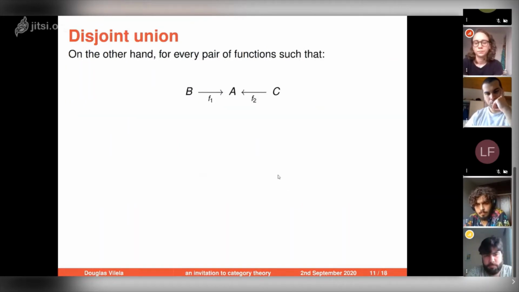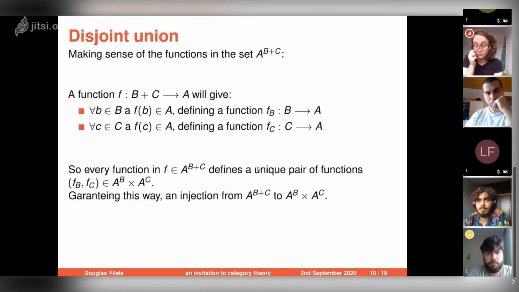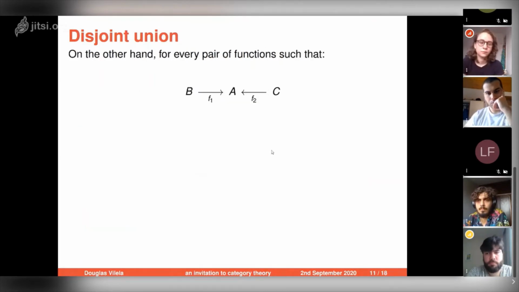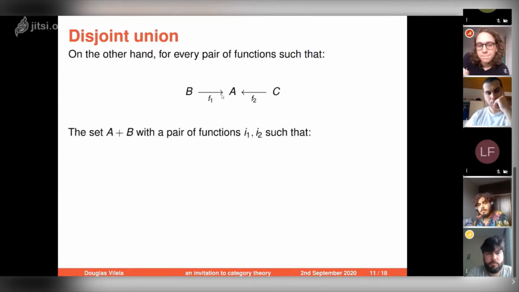So to do that, we can think about what properties hold for the set right here. We can notice that for every pair of functions, from C to A, which I denote F2, and from B to A, denoted F1, the disjoint union of this set is miswritten here.